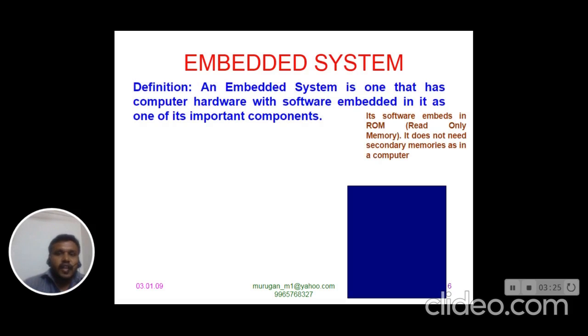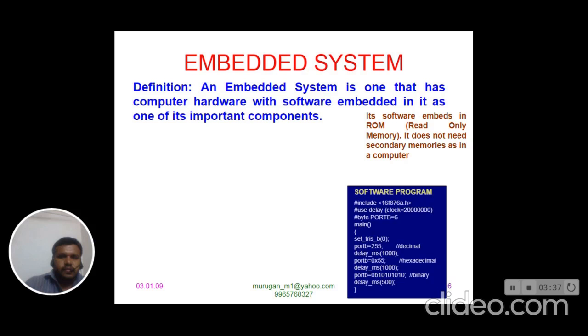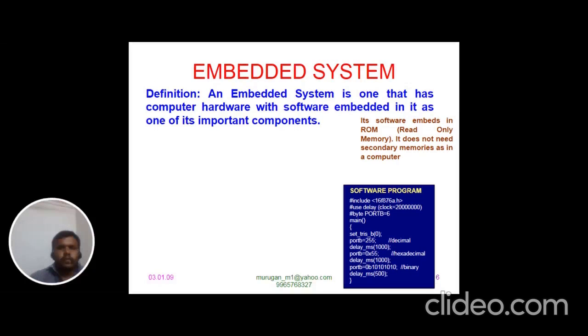What is meant by an embedded system? An embedded system is one that has computer hardware with software embedded as one of its important components. The embedded system has the software along with the hardware.